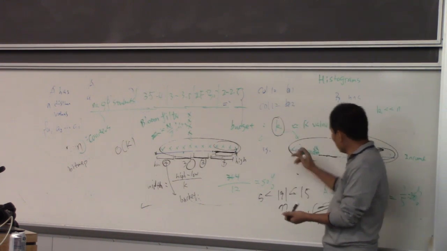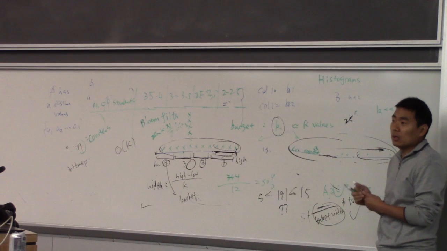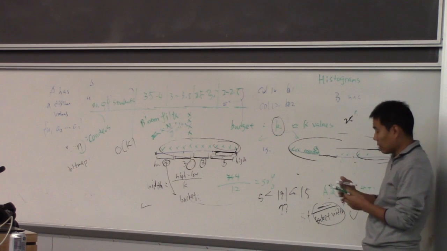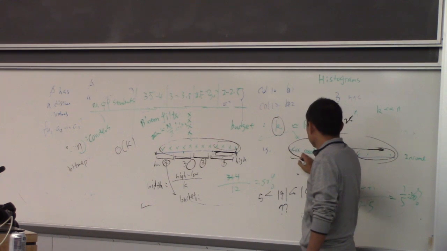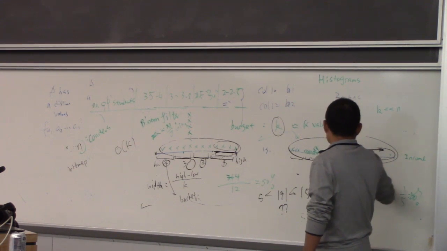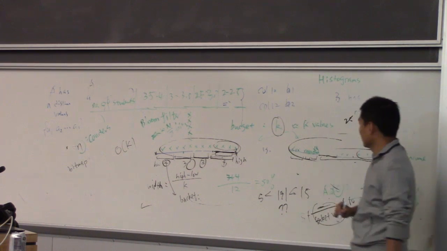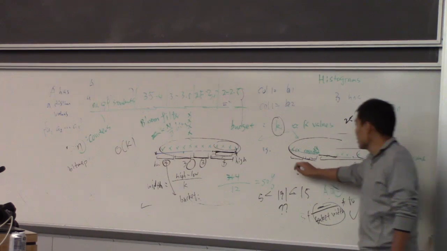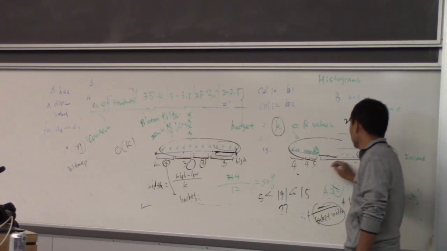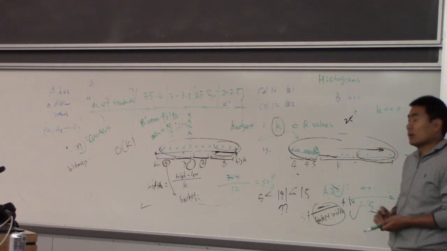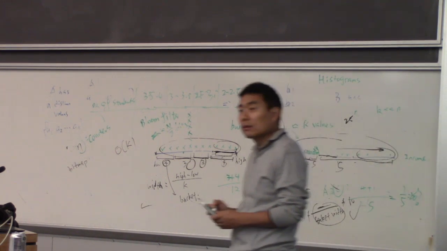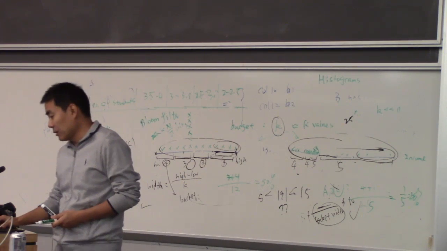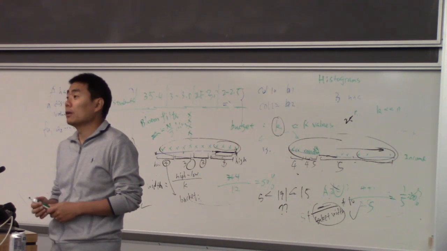For example, in this distribution, if I want to do an equal depth histogram, I will probably have four buckets like that, each with roughly 4 or 5 points, like I show right here. That's equal depth.